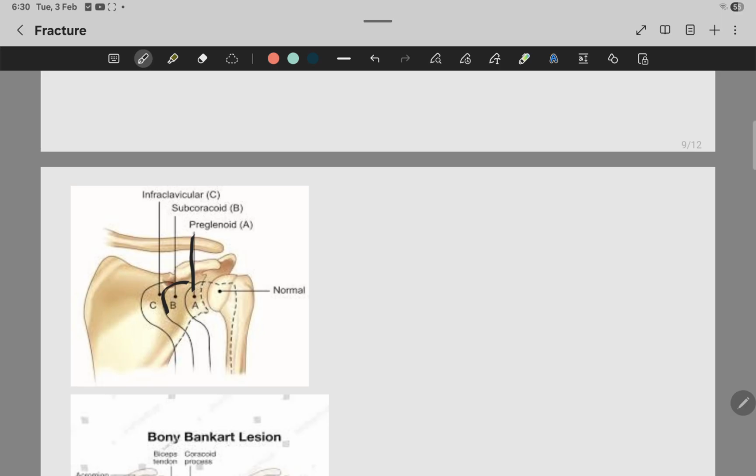When the humeral head is inferior to the coracoid process, this is the subcoracoid type of anterior shoulder dislocation. And this is the infraclavicular or subclavicular type. Here the head of the humerus lies below the clavicle.